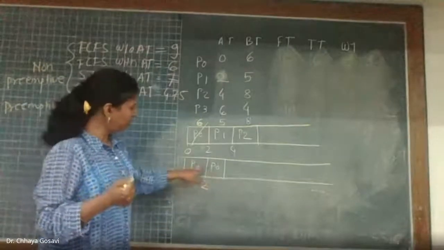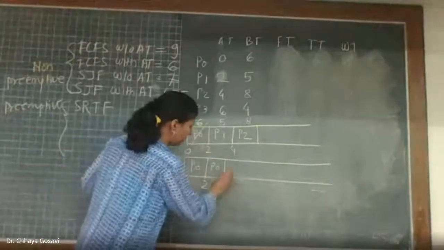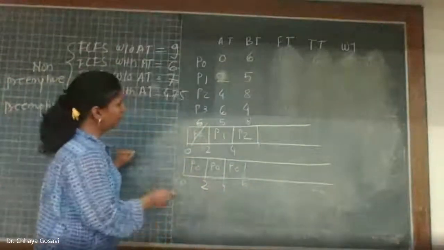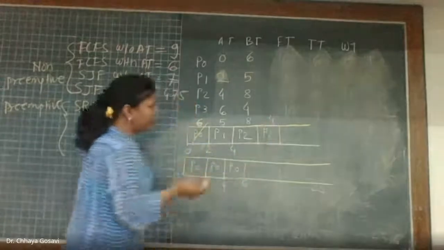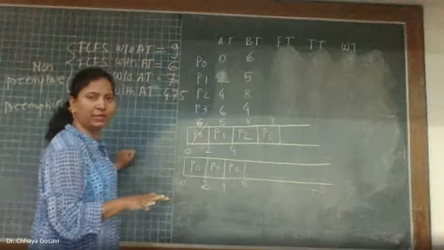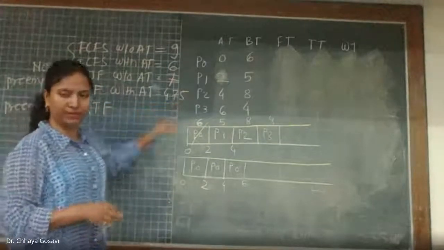So P0 will continue for the next 2 cycles. Until P0 completes, P3 also arrives with burst time 4. So it will give you a result similar to shortest job first with arrival time. So you will get the same result, 4.75.